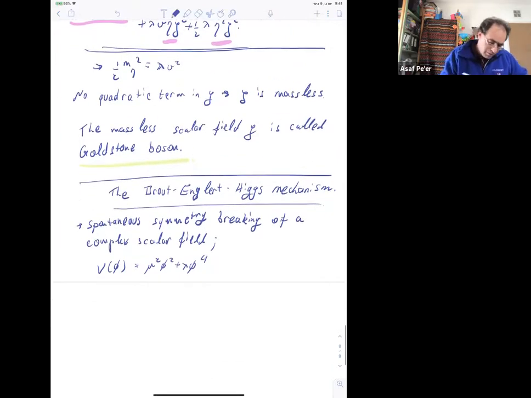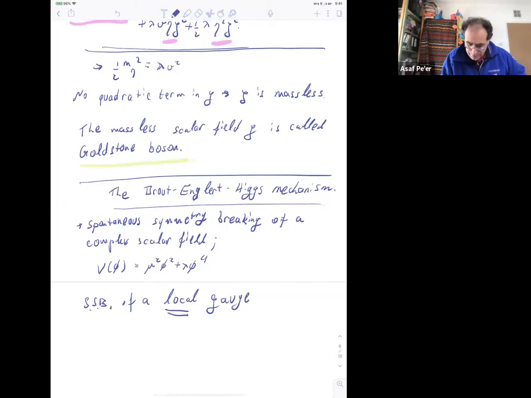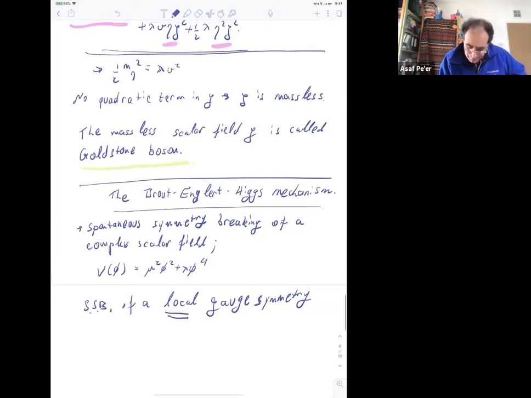But now we have spontaneous symmetry breaking, or SSB, of a local gauge symmetry, which is given by a local gauge transformation.